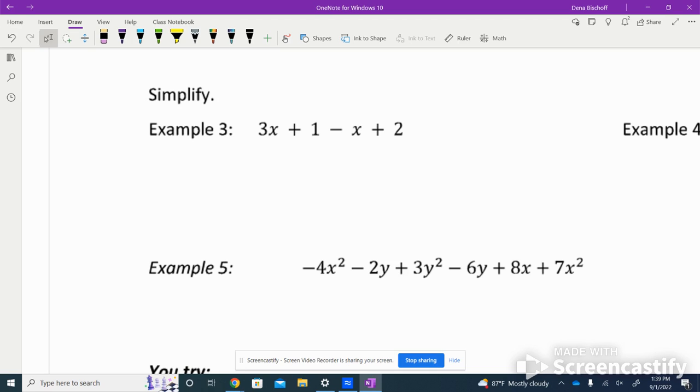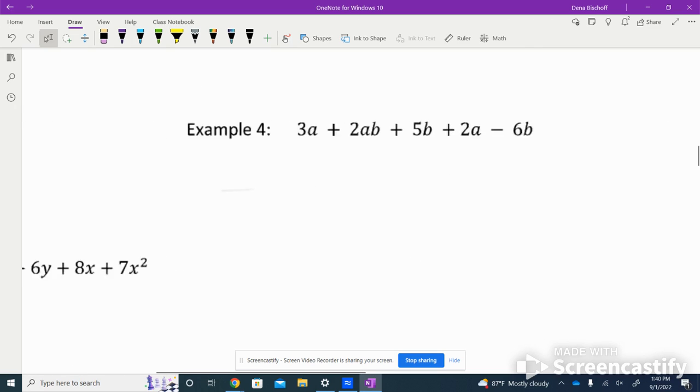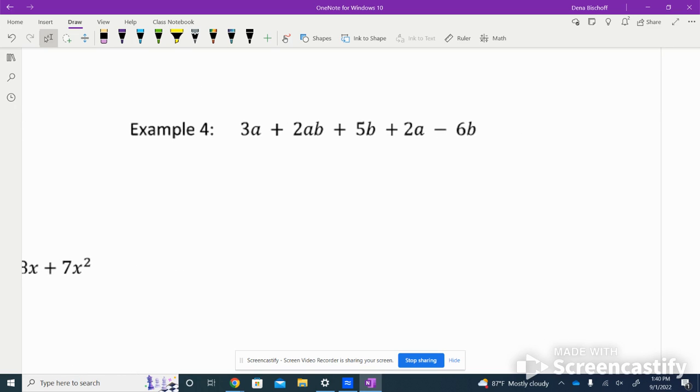Okay. Good. Frida, does that make sense? Let's do example number 4. Is there another term that has the variable a and only the variable a? Tyler. 2a.